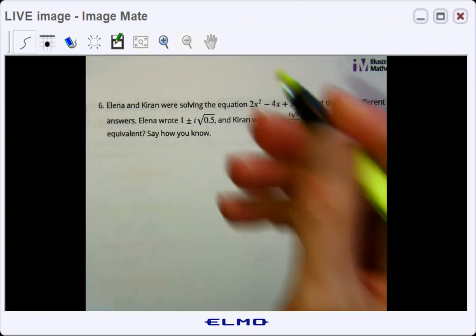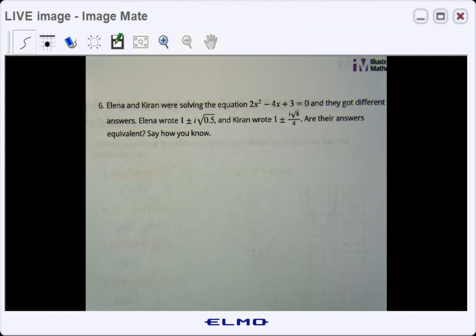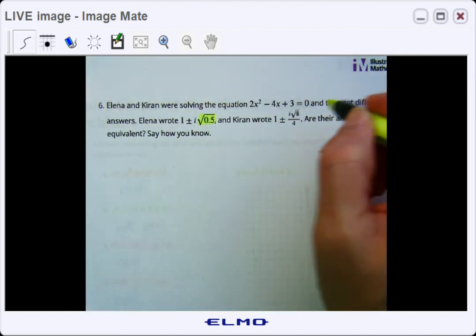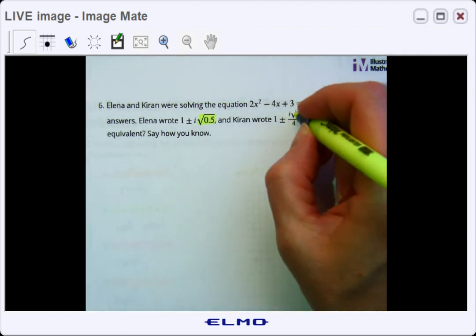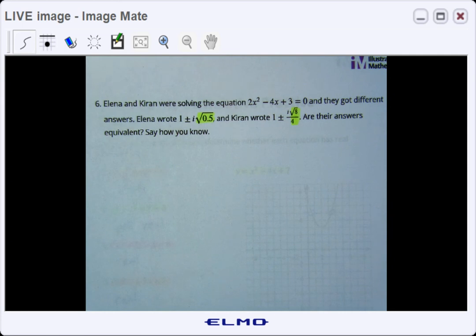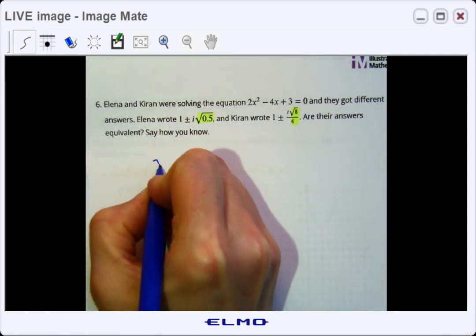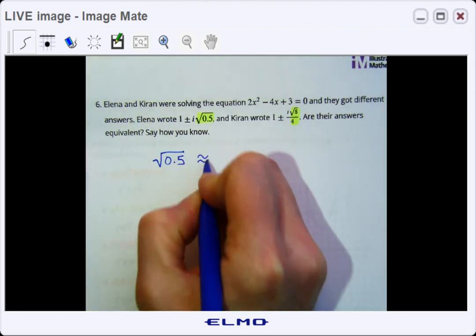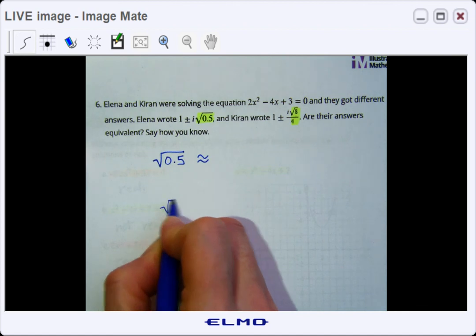The only part of their answers, Elena and Kyron, that are different are the square root of 0.5 versus the square root of 8/4. So I'm going to use my calculator to say, well, this is about, and same with this.